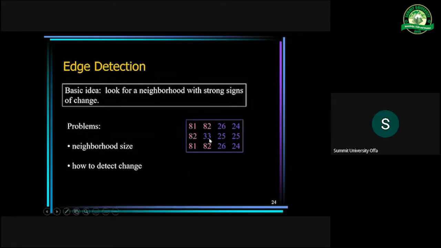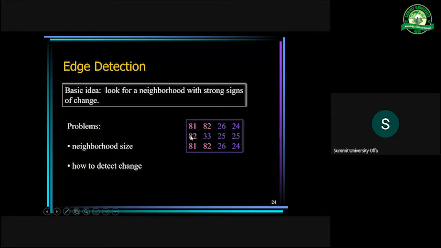Now, if you are seeing the board, you have 82 here as the intensity value. You can see the intensity change from 82 dropping to 33. That is what you call discontinuity. But look at 81 and 82.